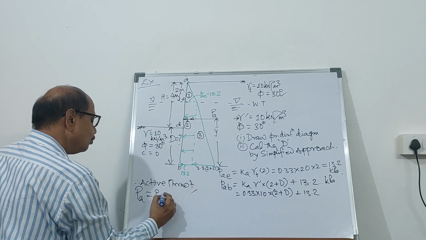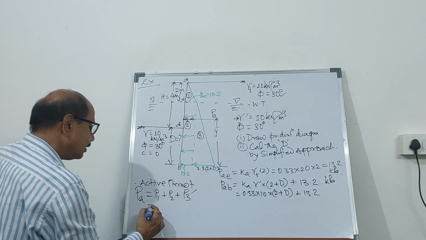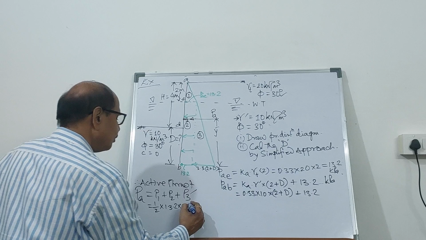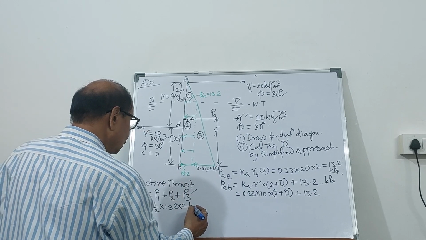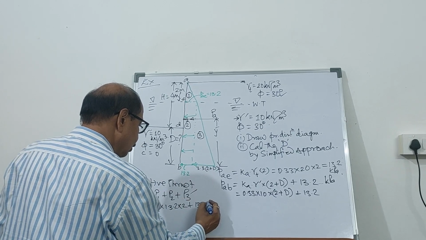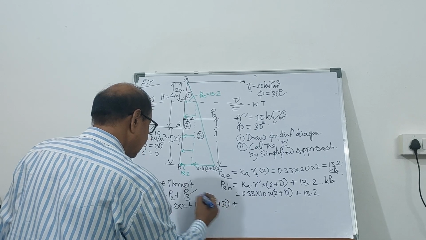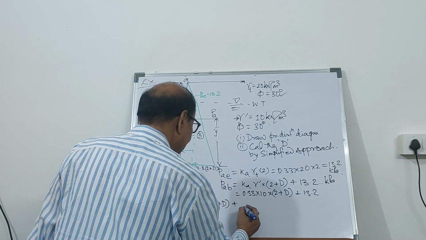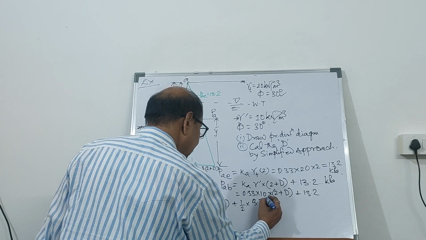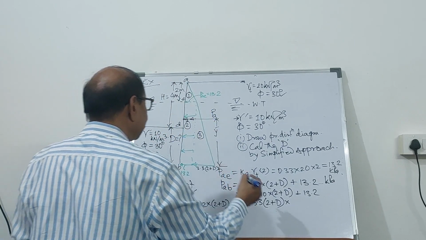That is area of 1 plus 2 plus 3. So 1 is going to be half into base into height, plus number 2 is going to be this 13.2 multiplied by 2 plus D. P3 is going to be half into 3.3 into 2 plus D into this height, 2 plus D.